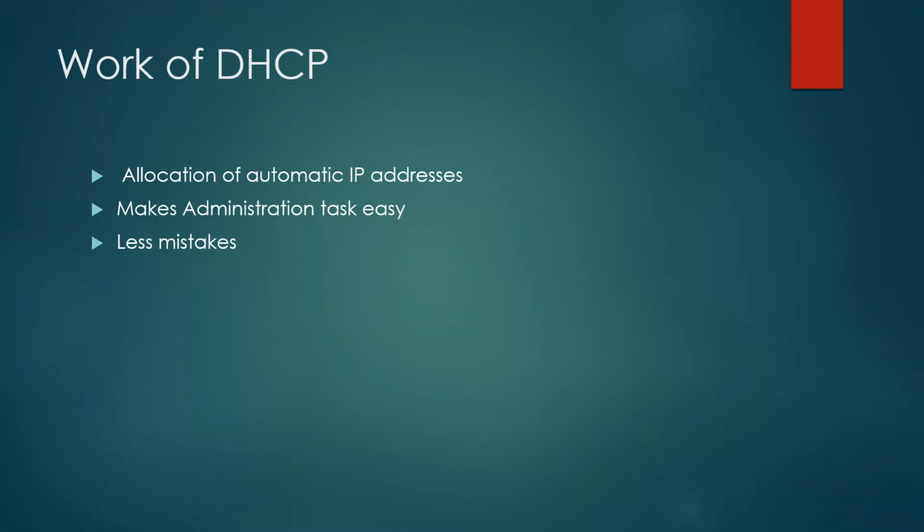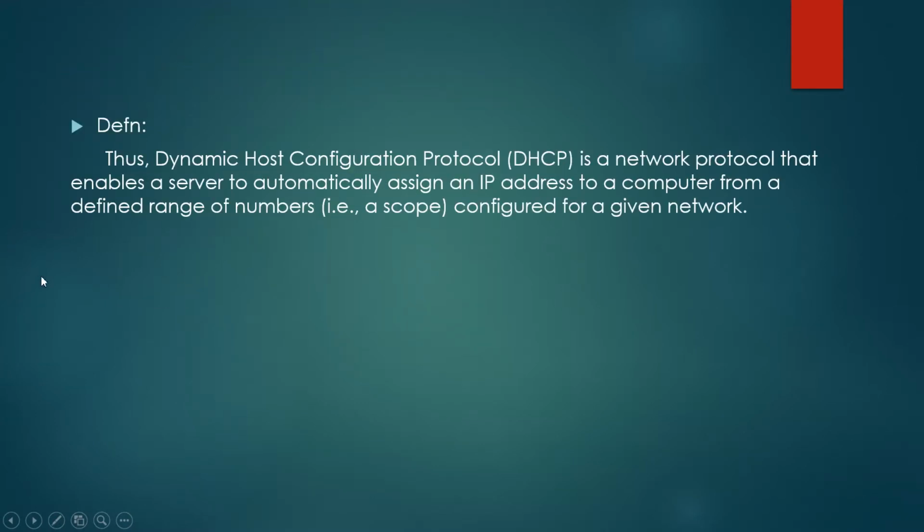It makes the administration tasks easy and reduces mistakes. The definition of DHCP: Dynamic Host Configuration Protocol is a network protocol that enables a server to automatically assign an IP address to a computer from a defined range of numbers configured for a given network.